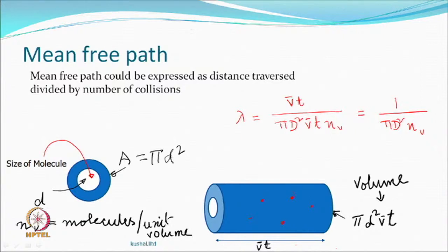So, the volume of this virtual cylinder can be pi d square times v bar, where v bar is the average velocity at which the molecules travel. Average means we are hoping that some molecule from one end has reached the other end, and some of them could actually go out also, right. Whatever we are looking at, some pass through in one direction, whichever the direction, and went around.